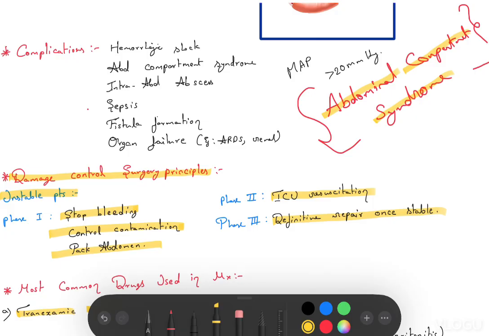Where can you see Kehr's sign? That is in spleen. What is OPSI? Overwhelming post splenectomy infection. What vaccines should the patient take after splenectomy? Pneumococcal, meningococcal and Haemophilus influenzae.